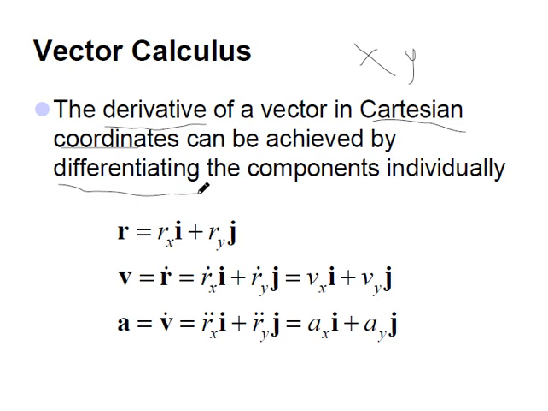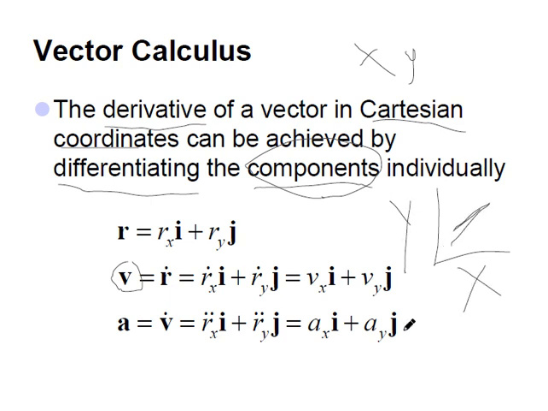Differentiation is a mathematical operation in calculus, where we study individual components to get the resultant. Because if you break your vector down into different coordinates, what you want to get is a resultant.